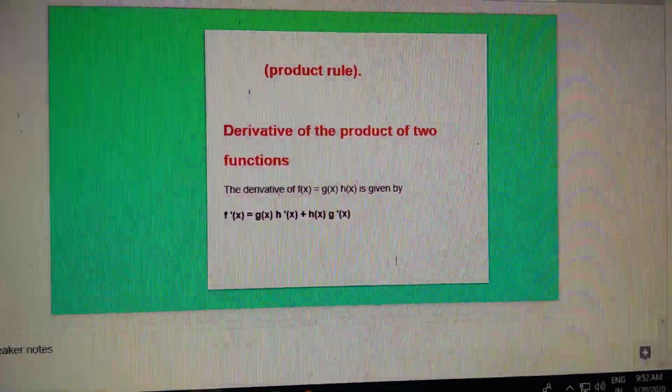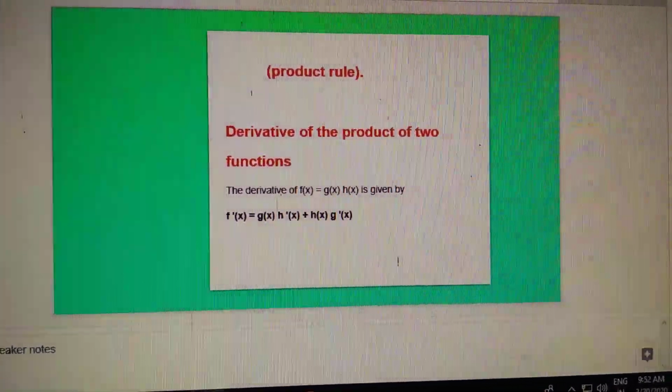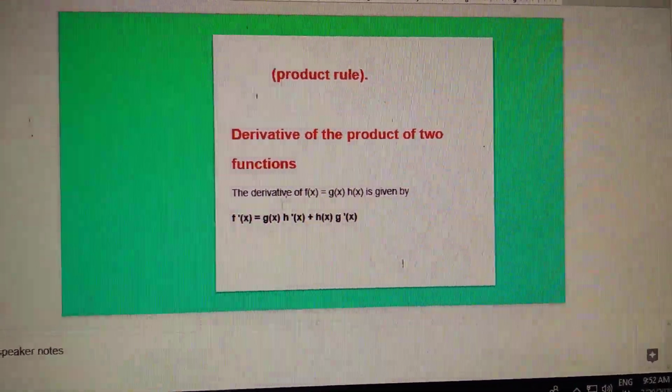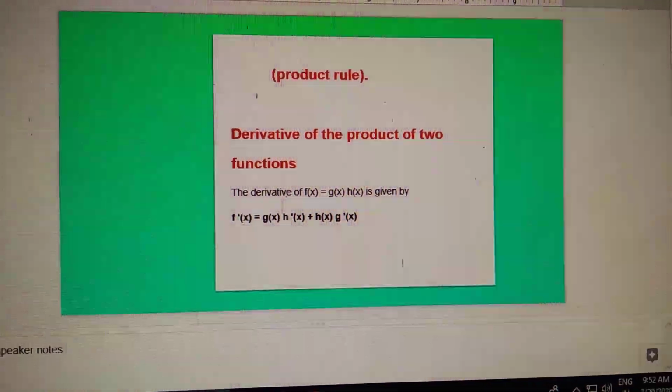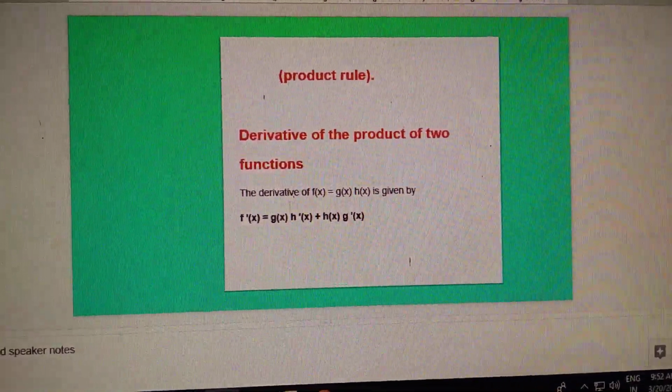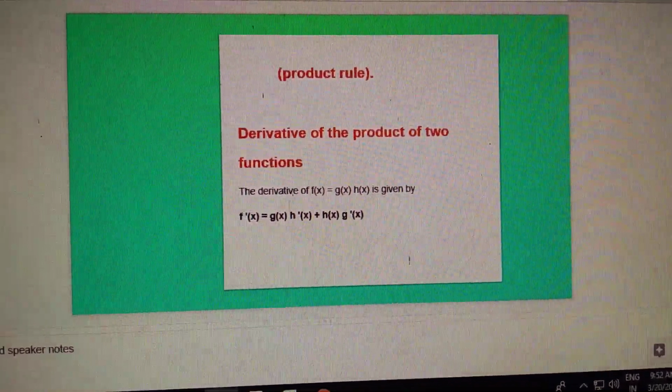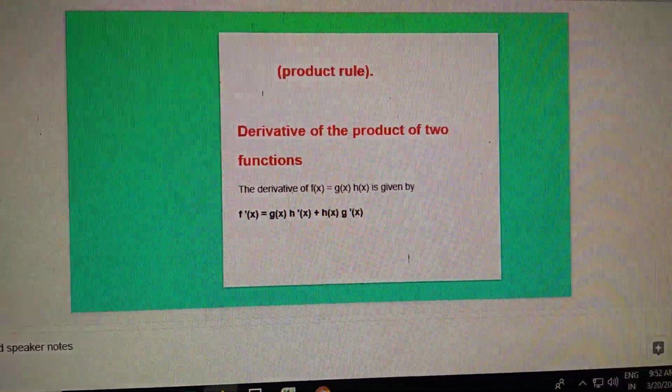Now our next working rule is the product rule. Many times functions are given in terms of the product of two functions, and in this case we need the derivative of a product of two functions.